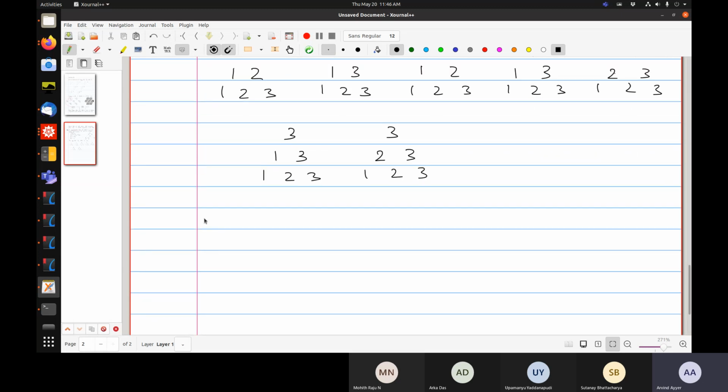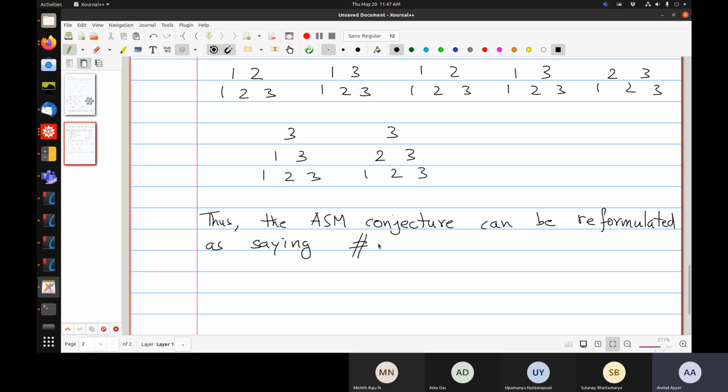And the ASM conjecture is the conjecture that the number of gog triangles of order n is given by this nice product formula, which can be reformulated as saying the number of gog triangles of order n is equal to the number of magog triangles.